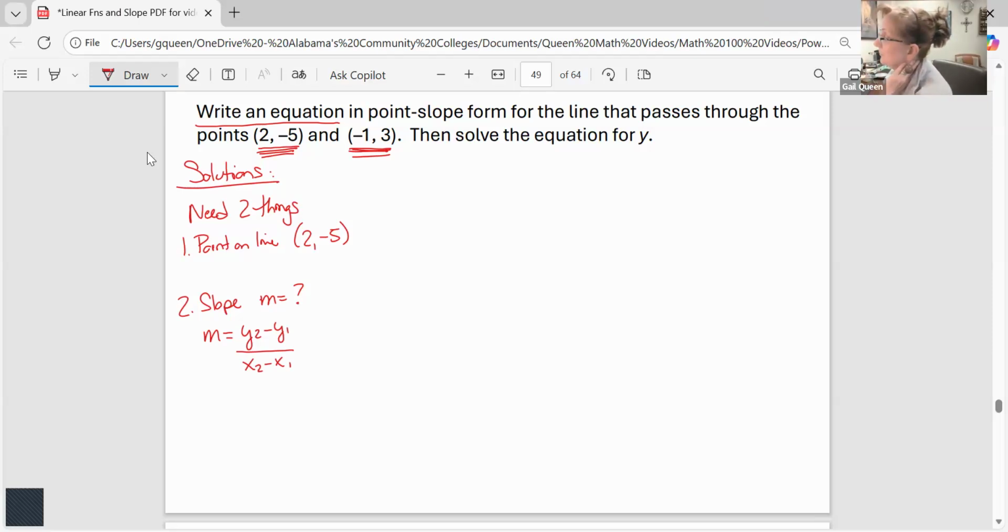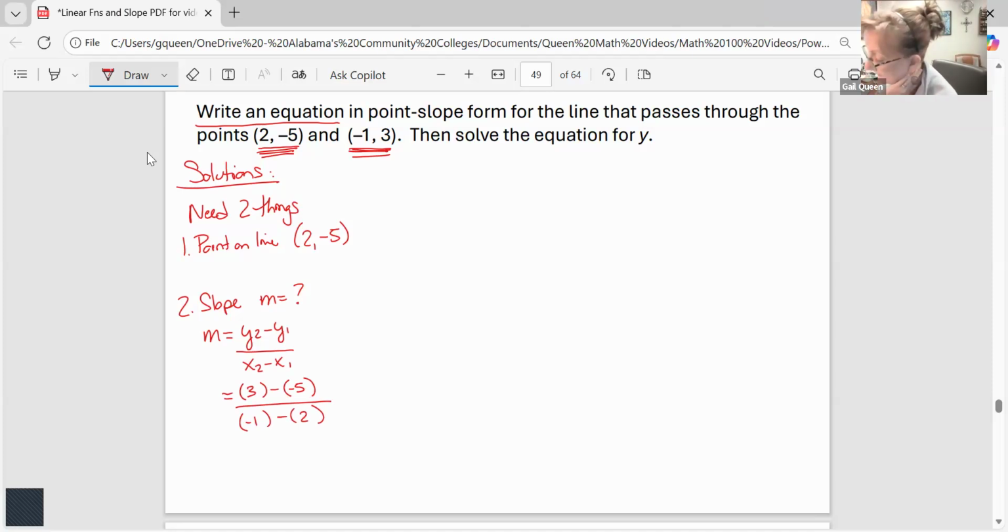So this problem has a little bit more work to it than the previous problem because we have to do work to calculate the slope. All right, let's do the work. I've got y2 minus y1 over x2 minus x1. Y2 is 3, y1 is -5, x2 is -1, x1 is 2.